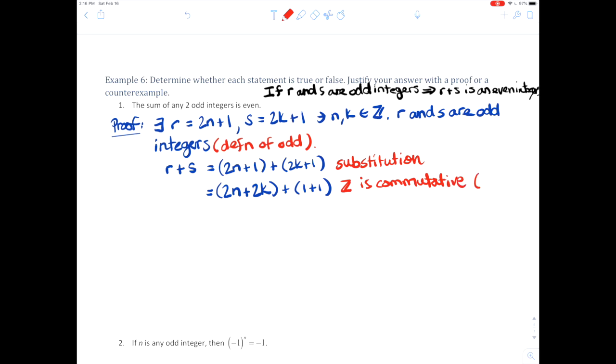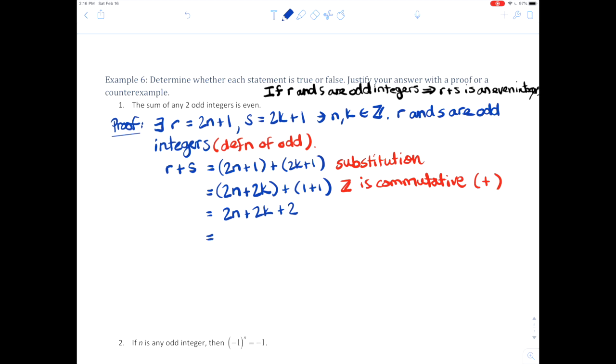And that's under addition, because we were adding. All right, well, this ends up being what? 2n plus 2k plus 2, just by adding the 1 plus 1.